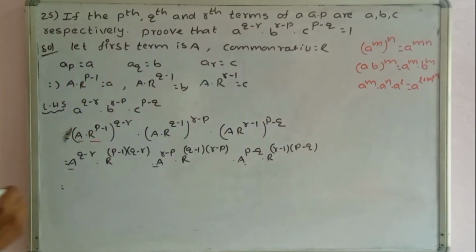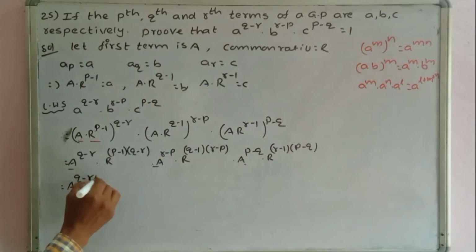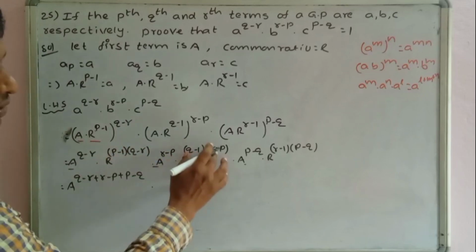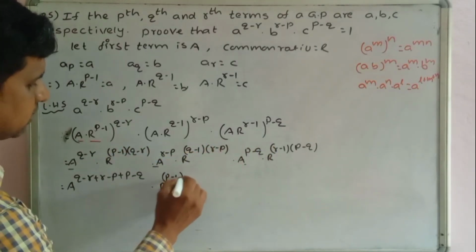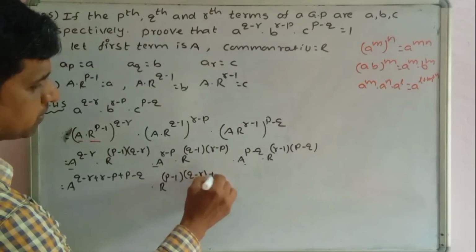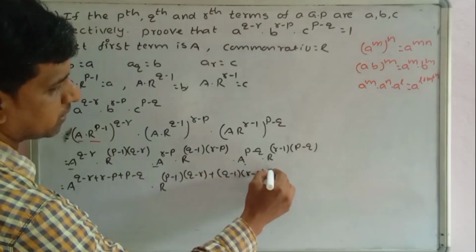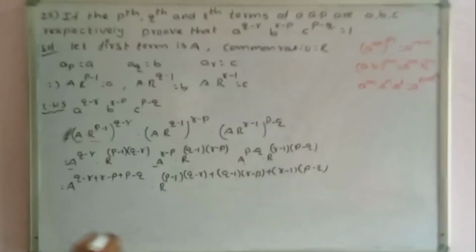So this is the form A power Q minus R plus R minus P plus P minus Q. Okay. Here also A power m, A power n, A power l. So R power P minus 1 into Q minus R plus Q minus 1 into R minus P plus R minus 1 into P minus Q.